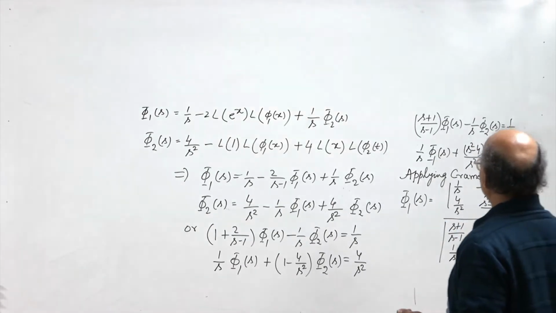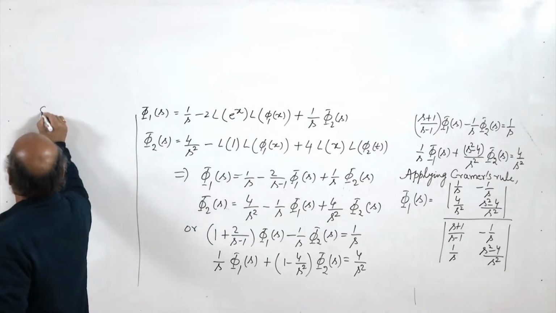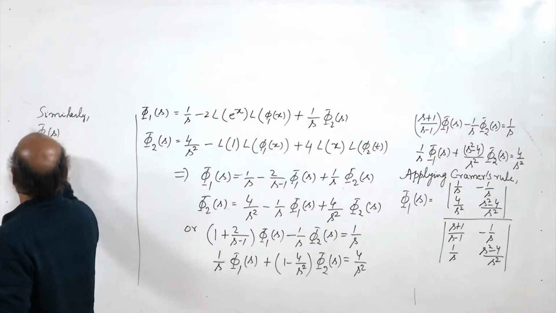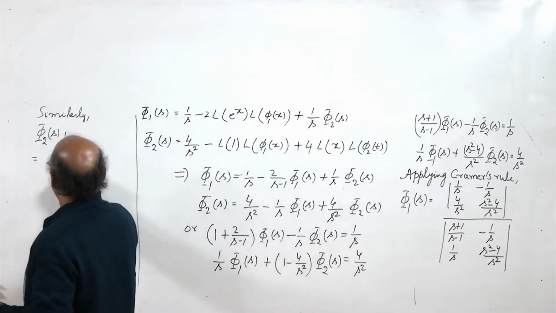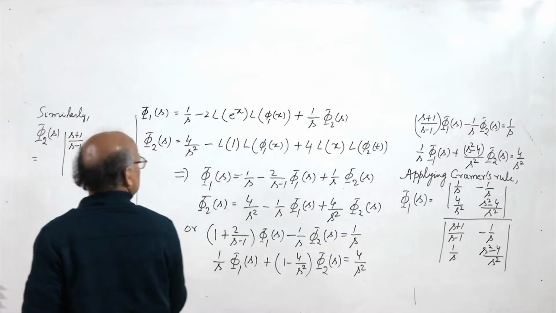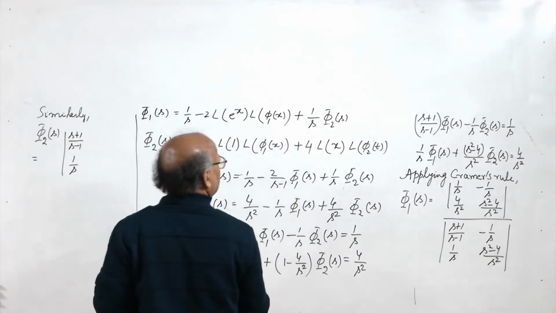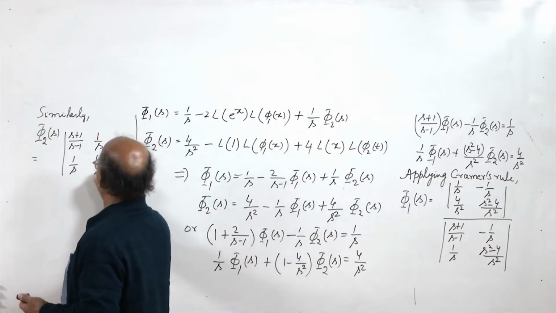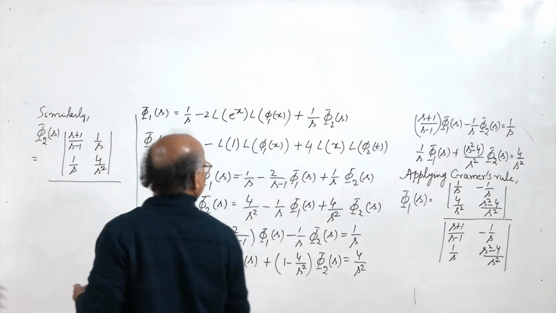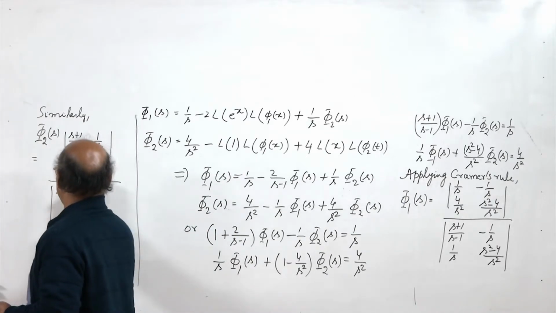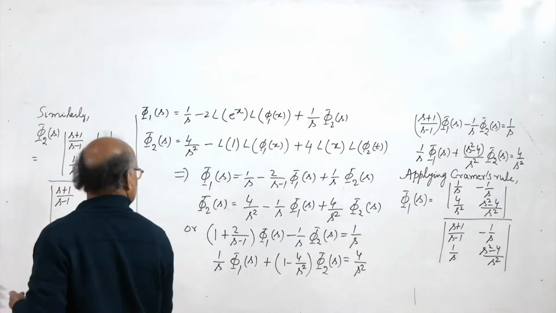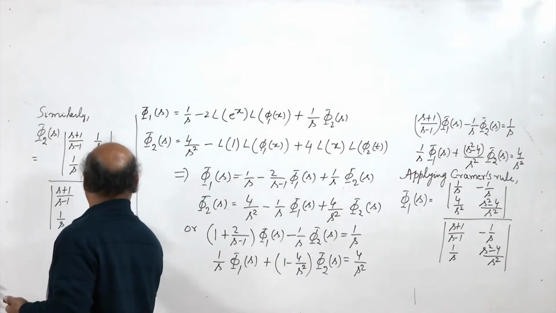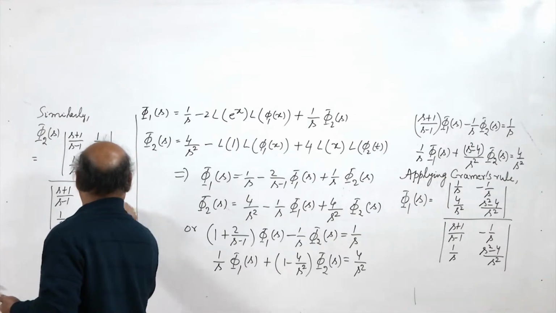So this gives you the value of phi 1 s. Similarly, phi 2 s we can write: phi 2 s will be equal to determinant s plus 1, 1 over s, minus 1 over s, 4 by s square, divided by determinant of s plus 1, 1 over s, minus 1 over s, minus 4 divided by s square.